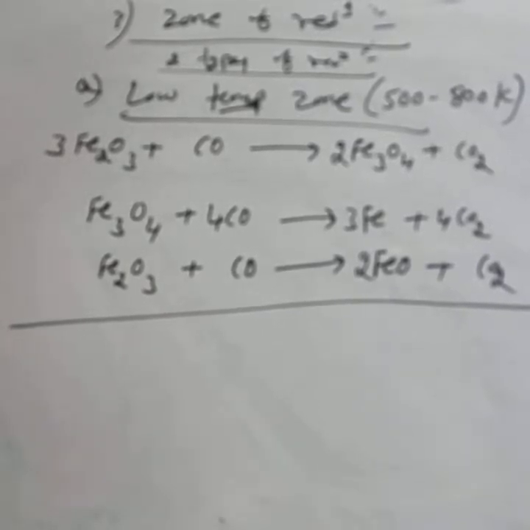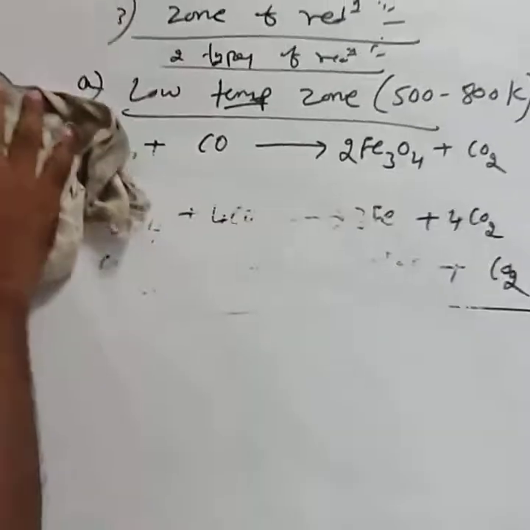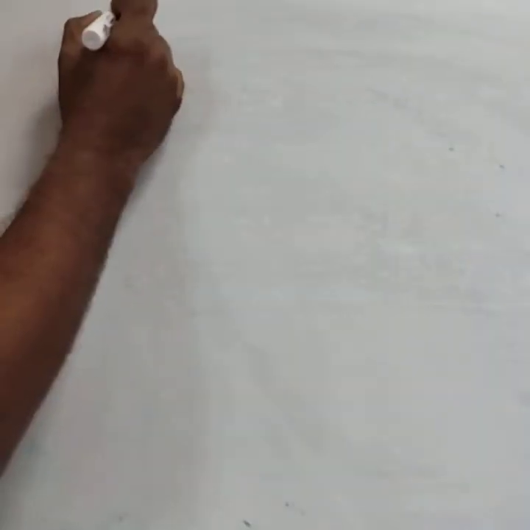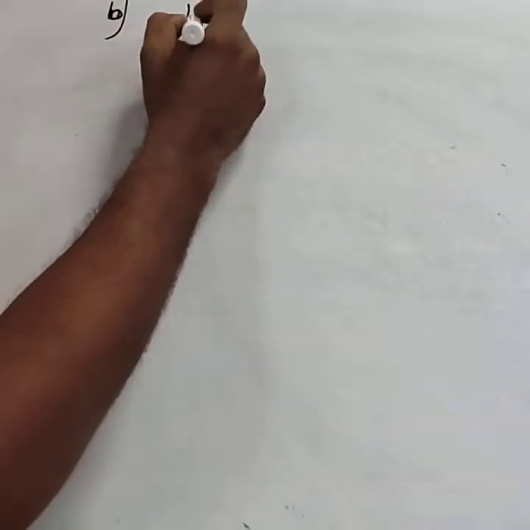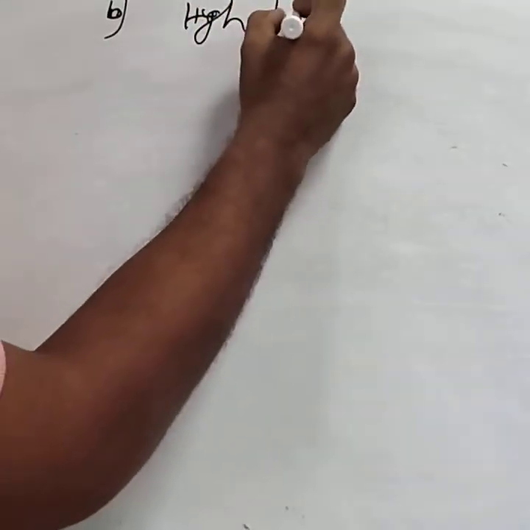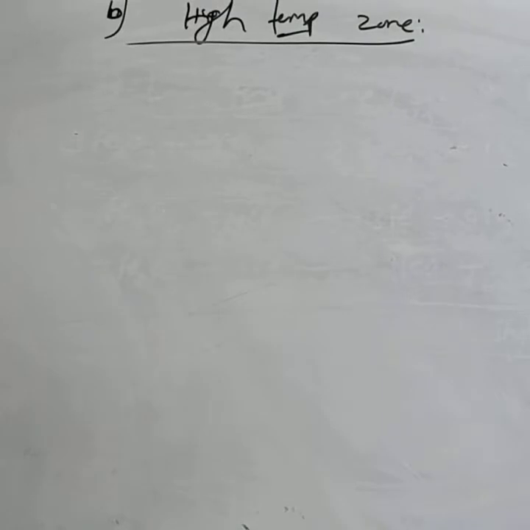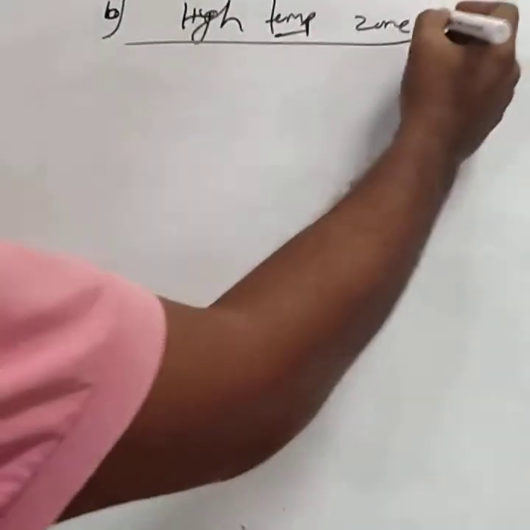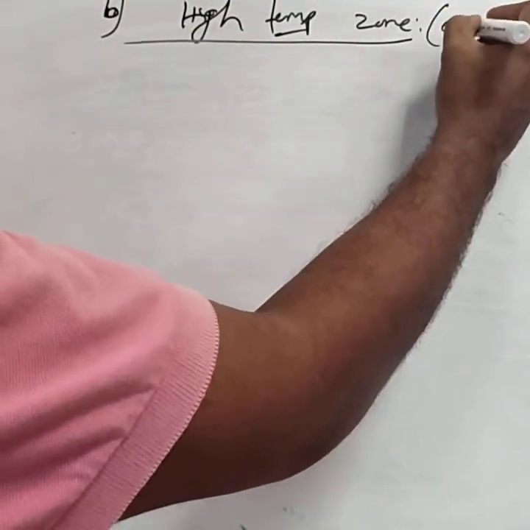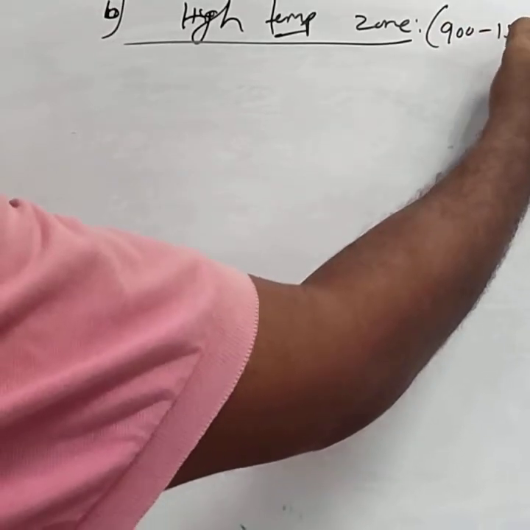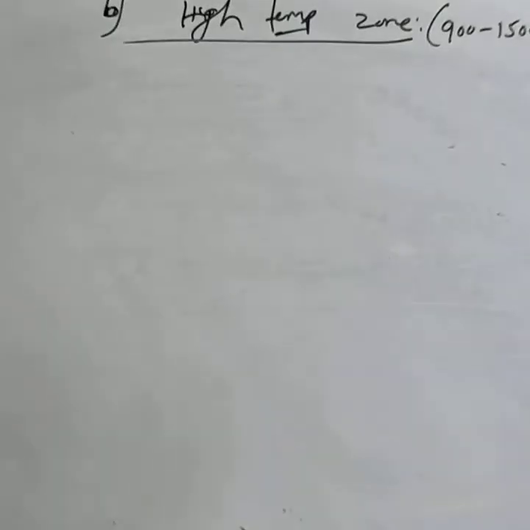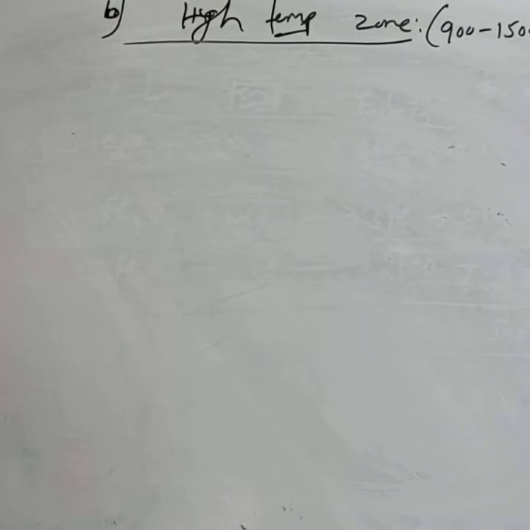Then the second one is the high temperature zone. The temperature of the high temperature zone is 900 to 1500 Kelvin.